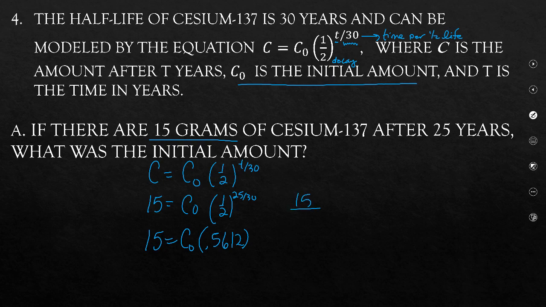So 15 divided by 0.5612 gives you the initial amount. 15 divided by 0.5612 gives us C sub 0 equals 26.73. So we have about 26.73 grams as the initial amount. It's what you began with. It would probably have been more like 27 grams, but we're just going to call it that.